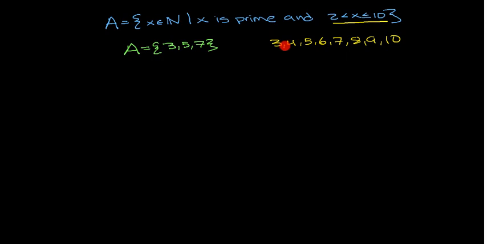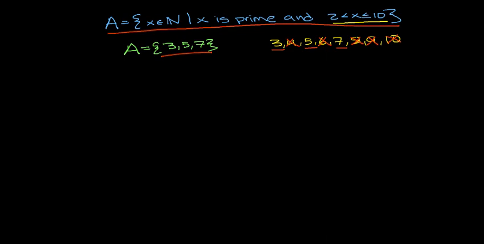And from this collection, we need to select those that are prime. So 4 is not prime, 6 is not prime, 8 is not prime, 9 is not prime, and 10 is not prime. So we're only left with 3, 5, and 7. So this is another way in which we can write sets.